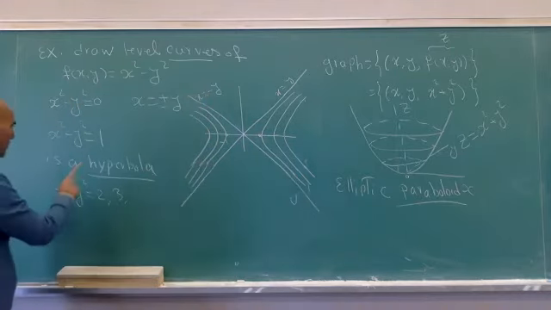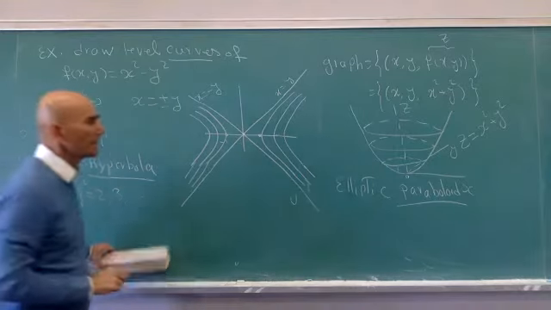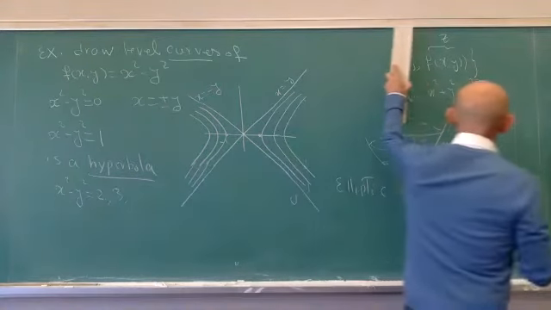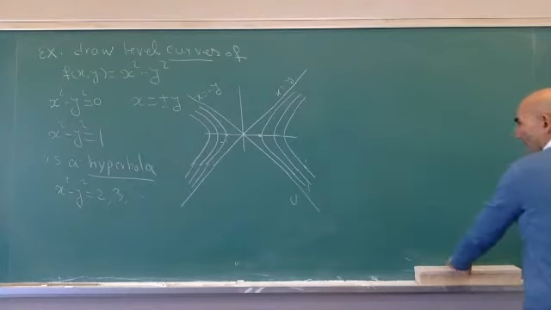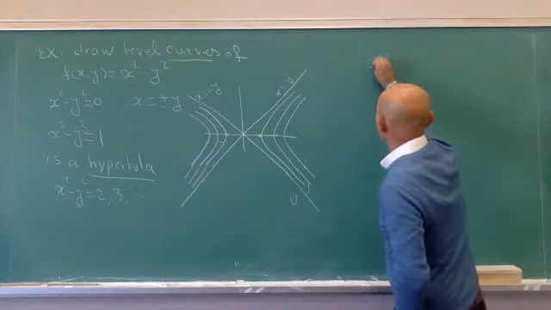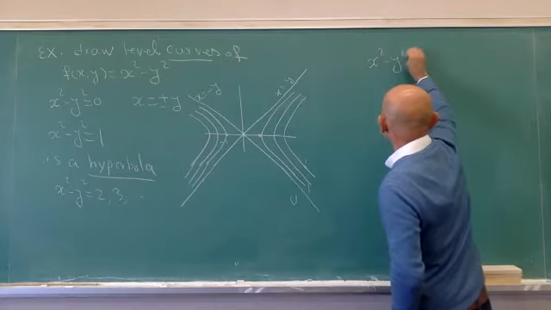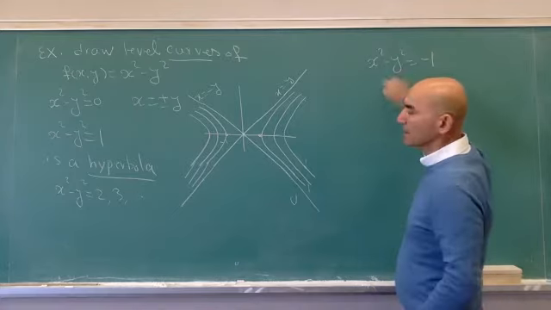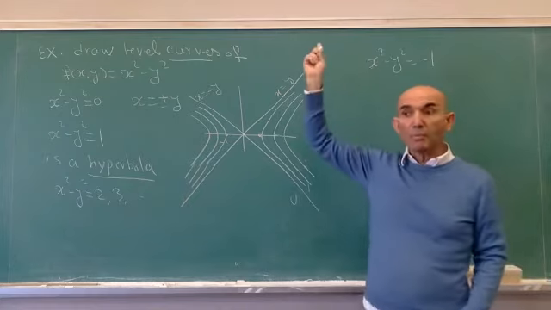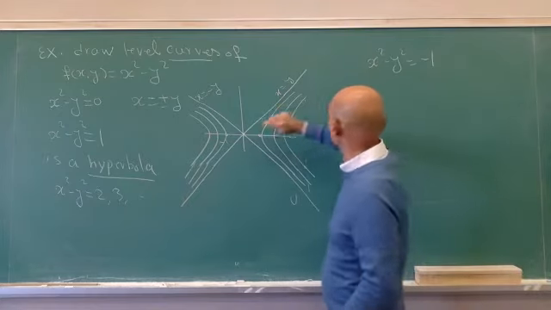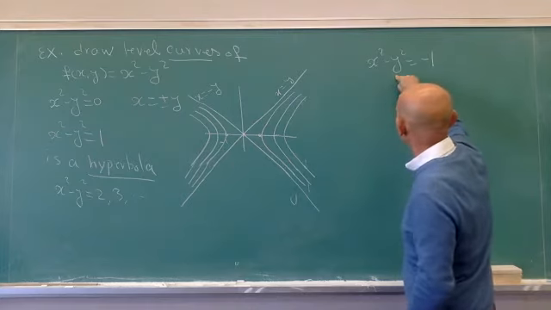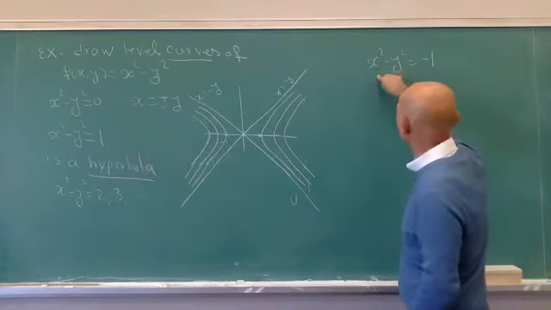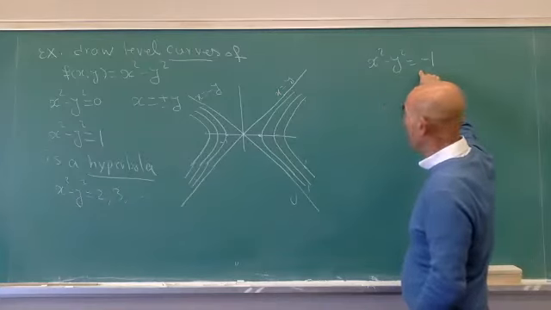Now, the other one, if x² minus y² is equal to -1, let's look at that. What is that curve? That curve is also a hyperbola, but in this case you cannot put y equal to 0, because you get x² equal to -1, which has no solutions.